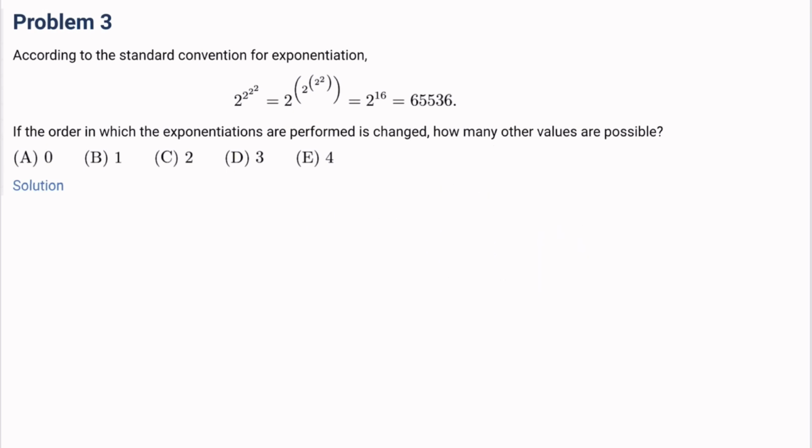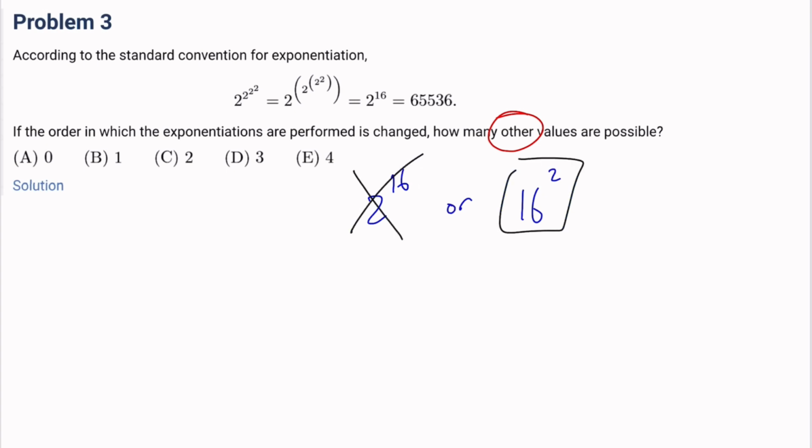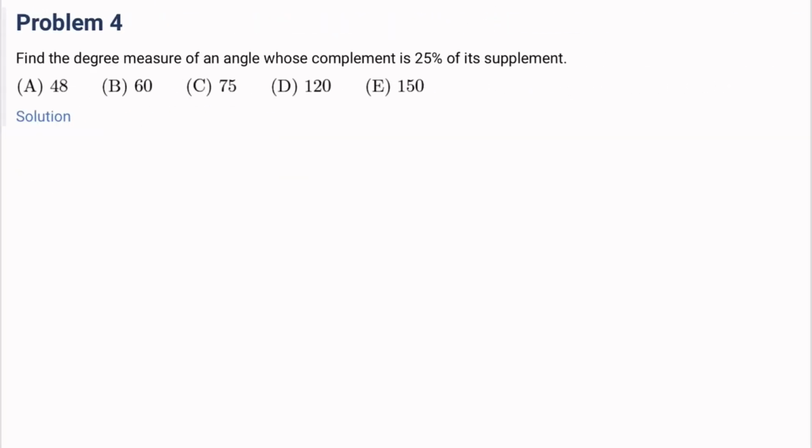And so the only values that this is going to give us is either 2 to the 16th power or 16 squared, right? But then it asked us how many other values are possible, and this one, 2 to the 16th power, is there already, so this can't be it. So we have only one other value. The answer is B. Number 4, find the degree measure of an angle whose complement is 25% of its supplement.